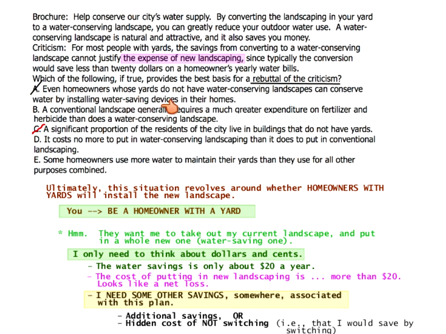Look at that, hidden cost of a conventional landscape. The way you should read this is not that a conventional landscape requires a greater expenditure. You should read this as if I switch over to the new thing, then I'm going to save money on fertilizer and herbicide.